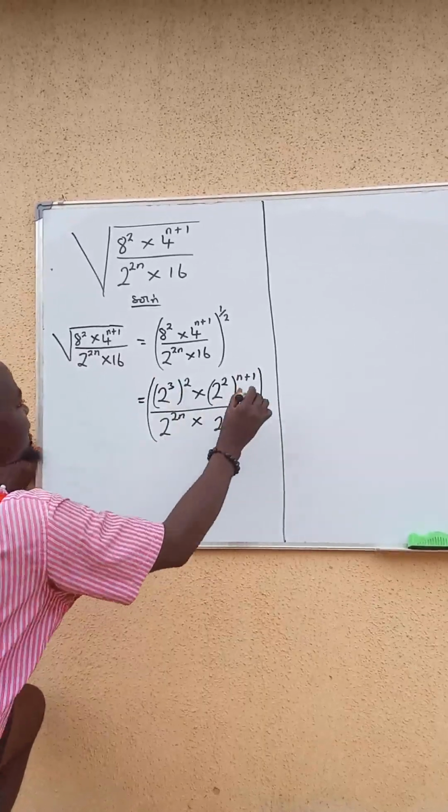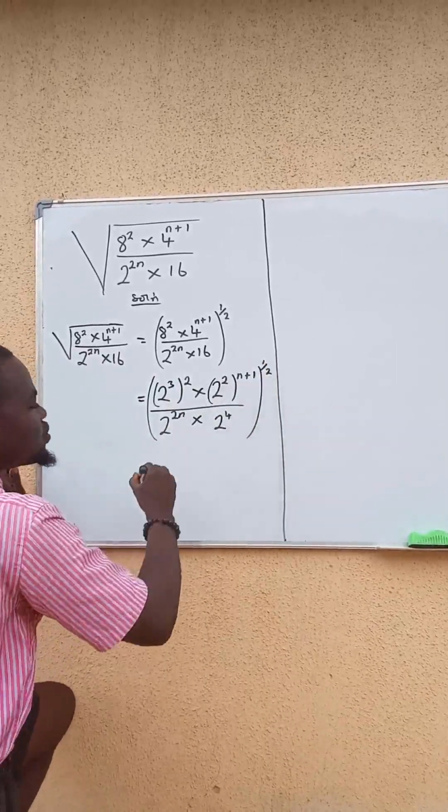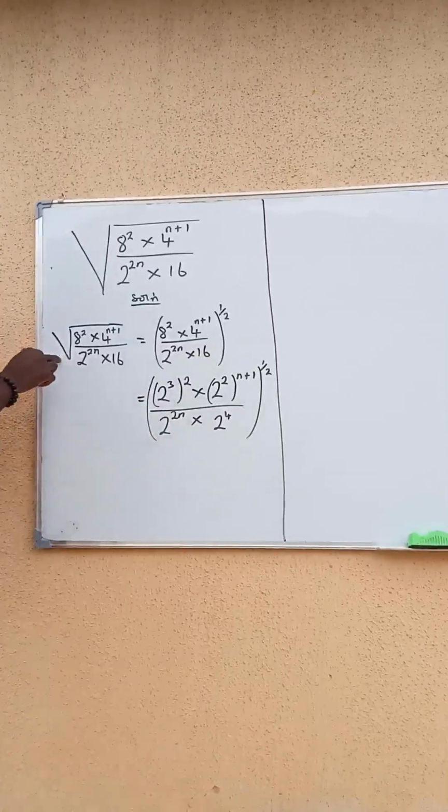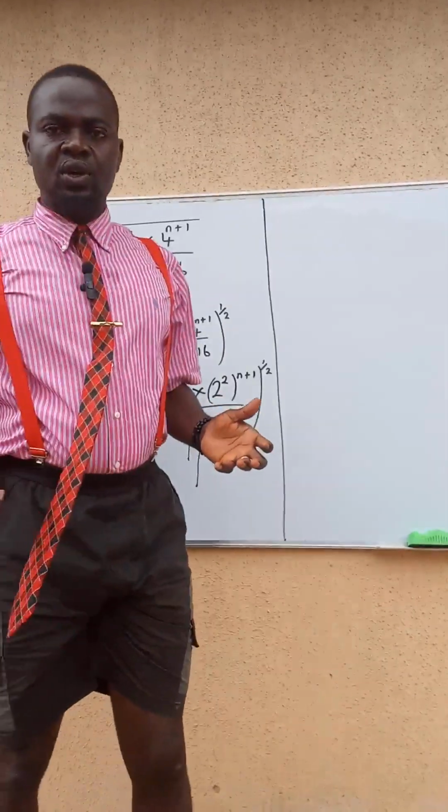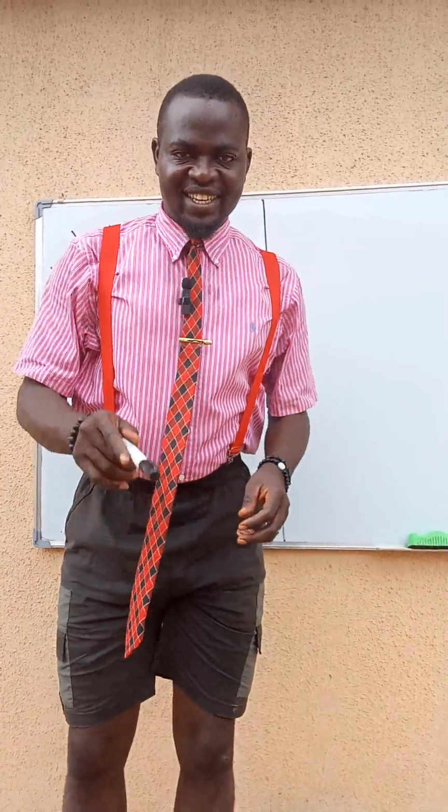All of this is raised to the power of 1 over 2, which is the square root. So what I did was the hint I gave to you. I have to make sure that all of them have the same base before I can continue the solving. Here I go.